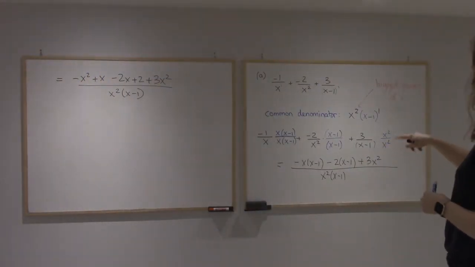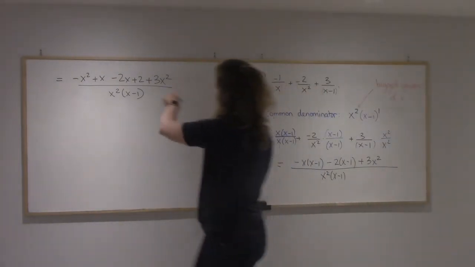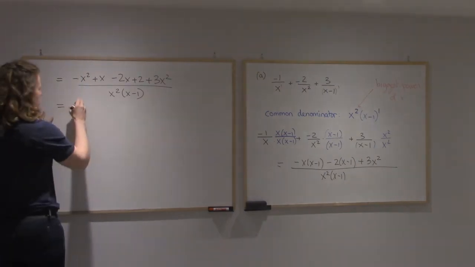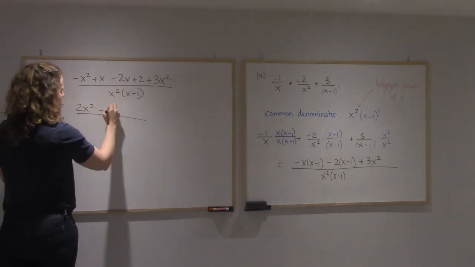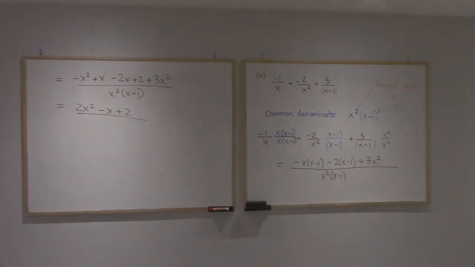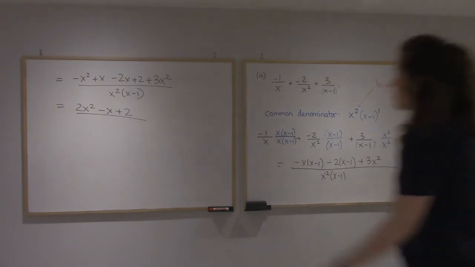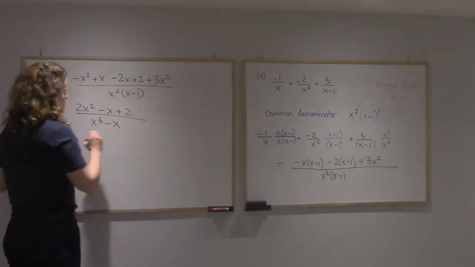The x squared, I'll have 2x squared left, minus x plus 2, and let me just double check. And then I multiply this as well, I'll get x cubed minus x squared.